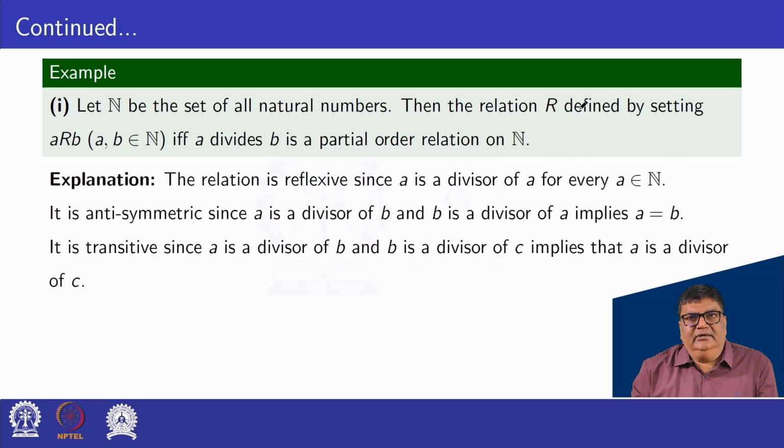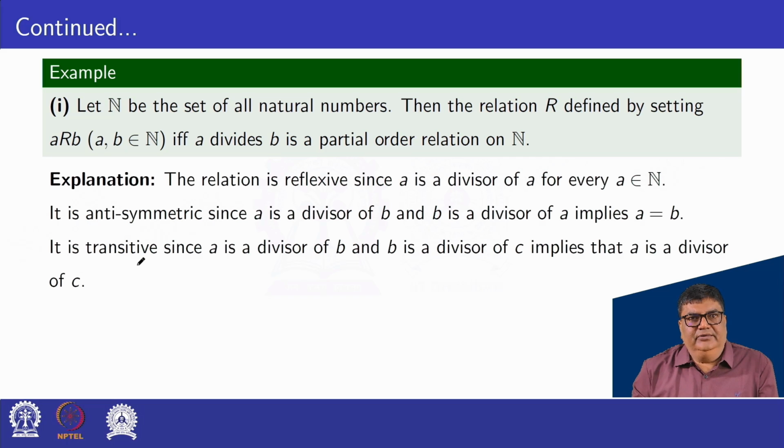Then the relation R defined by setting a R b, where a and b belong to N, if and only if a divides b, is a partial order relation on N. Explanation: the relation is reflexive since a is a divisor of a for every a belonging to N. It is antisymmetric since a is a divisor of b and b is a divisor of a implies that a is equal to b.